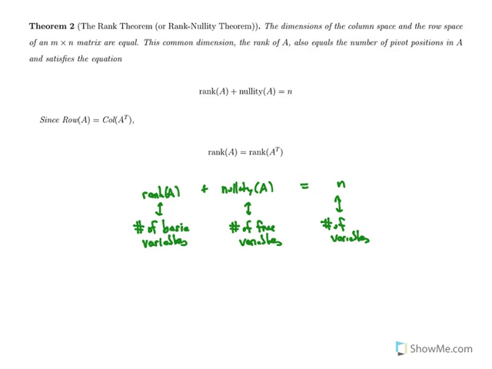So instead of thinking about this in terms of the number of columns, you can think about this as the number of variables instead. And we learned in the first section of this course that columns represent variables in our matrix.